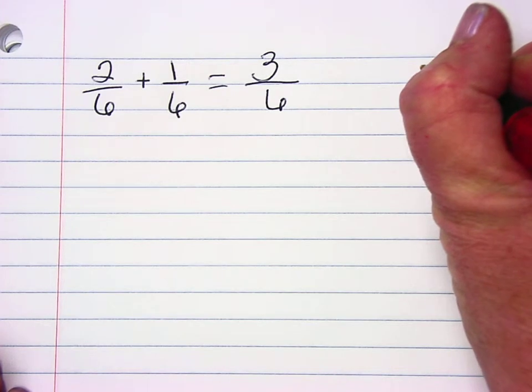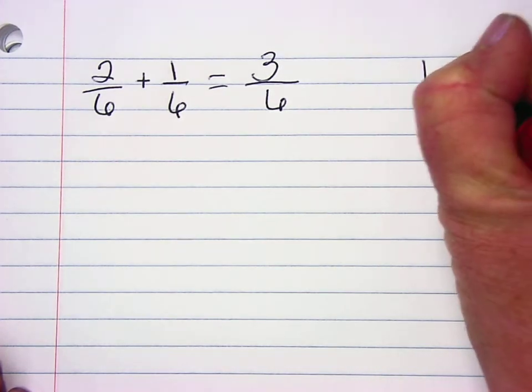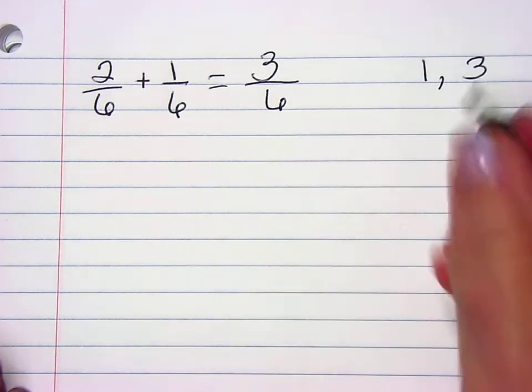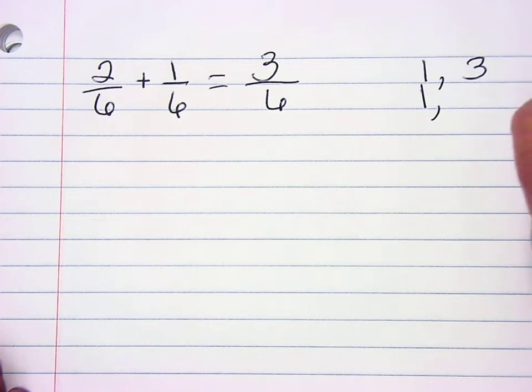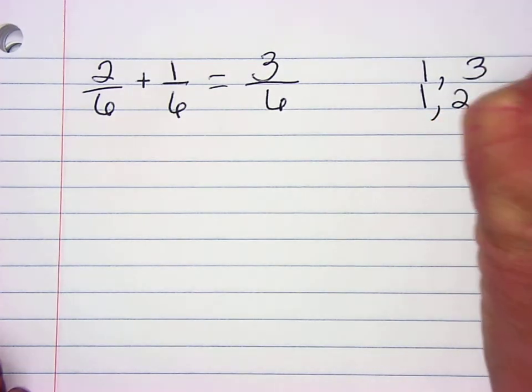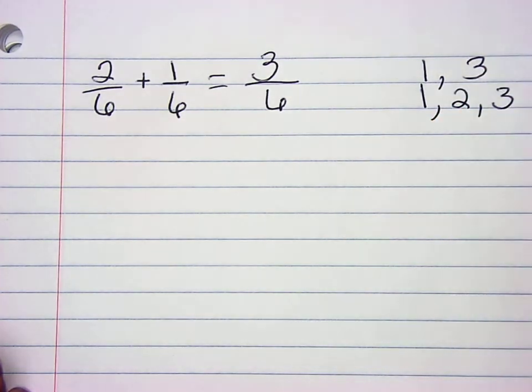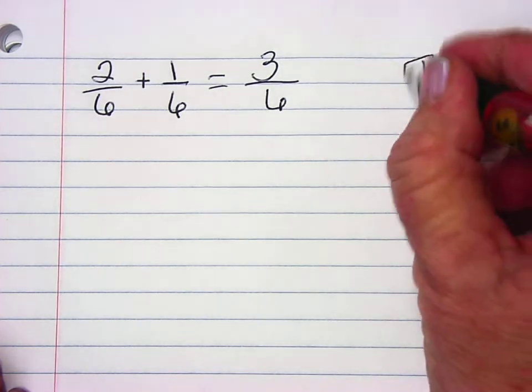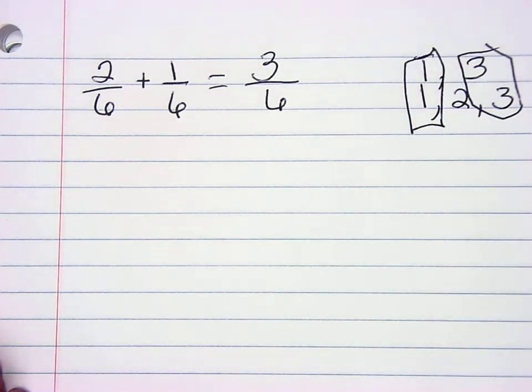What are the factors for coming up with the answer of 3? 1 and 3, right? 1 times 3. And what are the factors for 6? 1 times 6, 2 times 3. What is my common? 3. And 1, which is the greatest? 3.